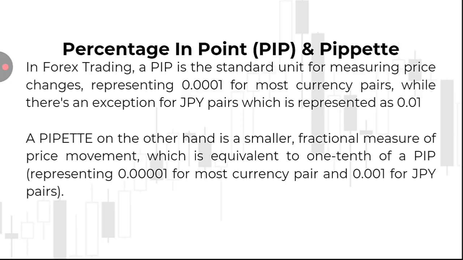On the chart now, if you look at the prices of any currency pair to your left hand side, among the numbers attached to the price tag, the last number there is moving so fast. The last number there is the pipette. It moves very fast, faster compared to the pip.